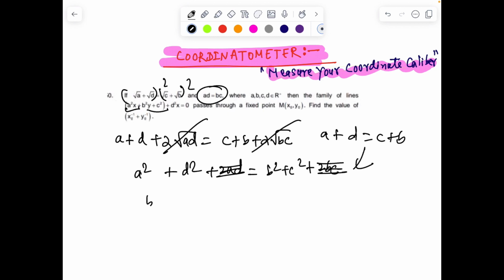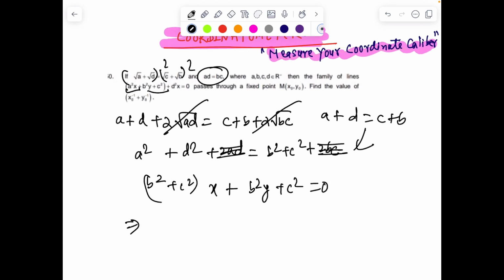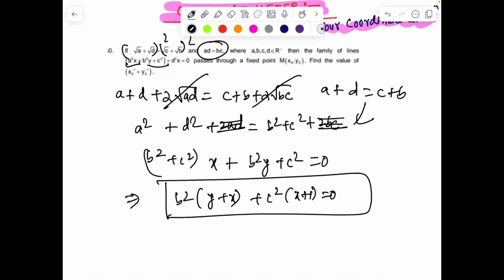So finally we are left with (B square plus C square) into X plus B square Y plus C square equals 0. Which gives me b square into (y plus x) plus c square into (x plus 1) equals 0. And this is a family of lines in the form of b square L1 plus c square L2 equals 0.